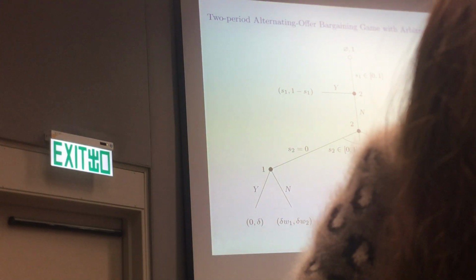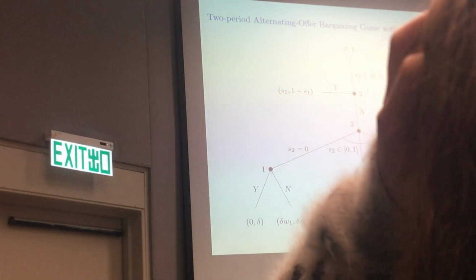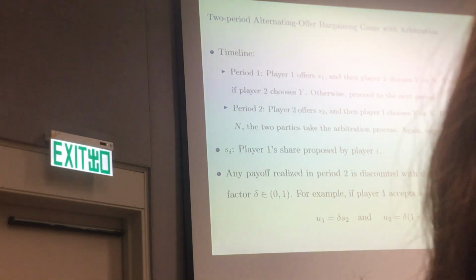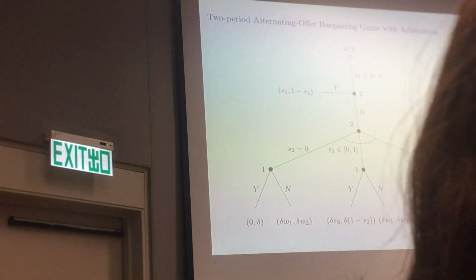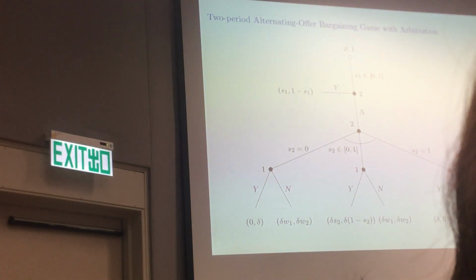Let me briefly repeat what I have done here. If player 2 says no in the first period, then they have to play the ultimatum bargaining game with arbitration process, right? And we already know the only unique equilibrium outcome for that subgame.